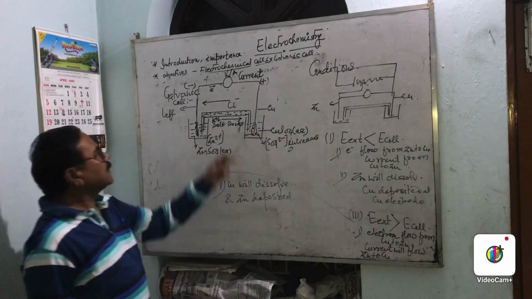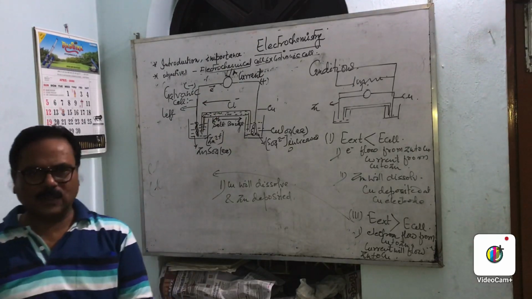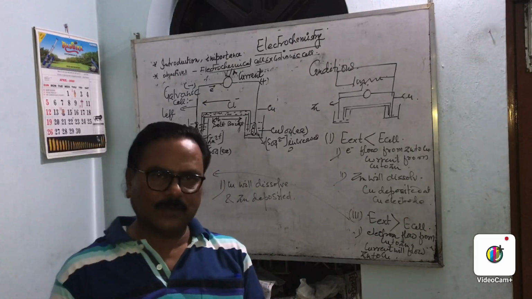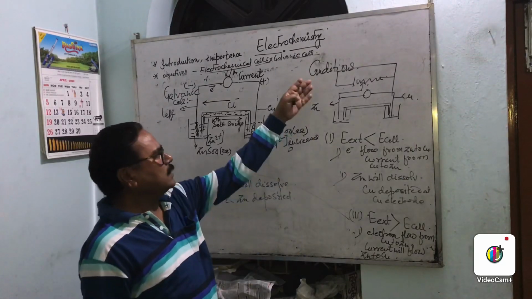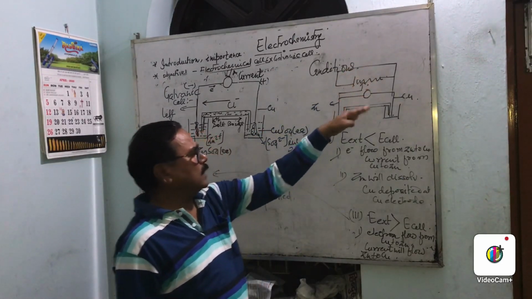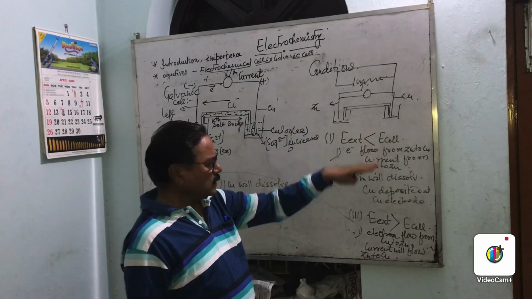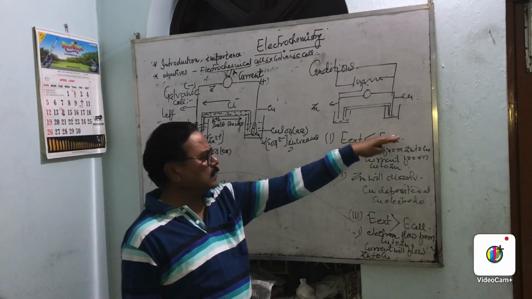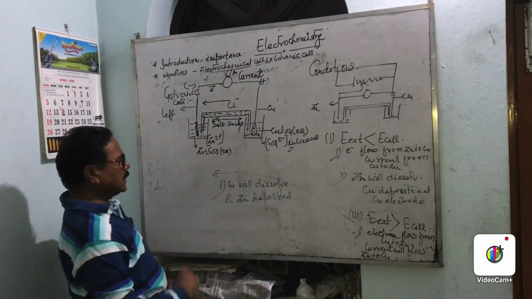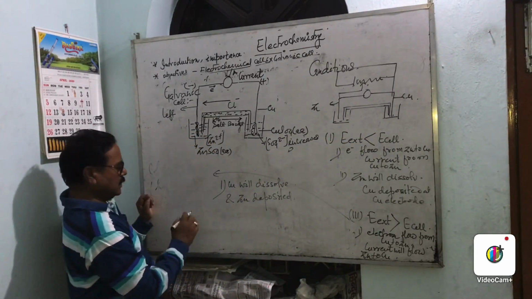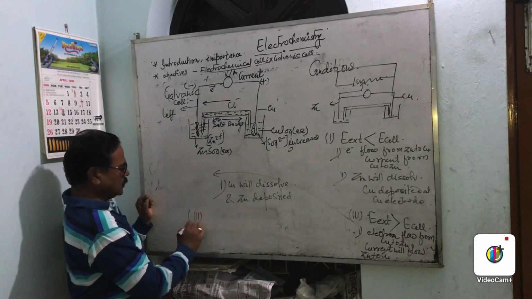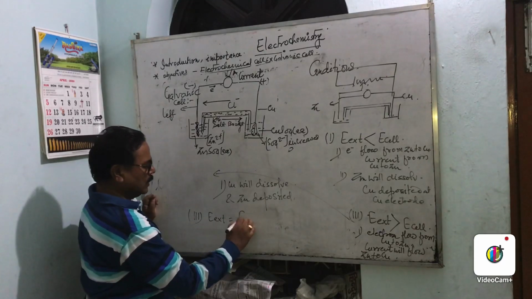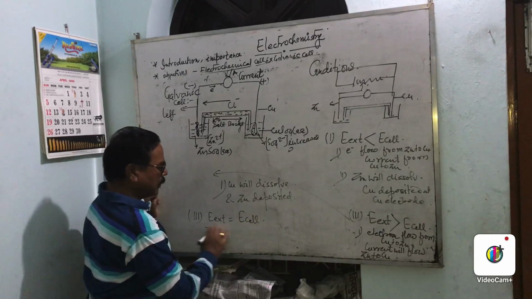How we calculate the E cell, that is cell potential of the cell. There are three conditions, all three conditions with figure given in your book. This is the external potential. When external potential is greater than E cell, when external potential is less than E cell, and the third condition, suppose external potential is equal to E cell, then what happens?